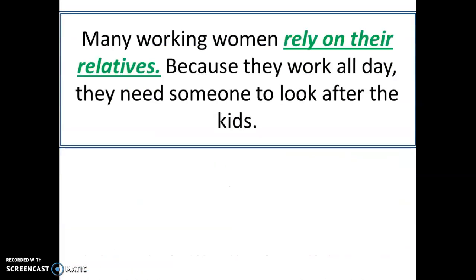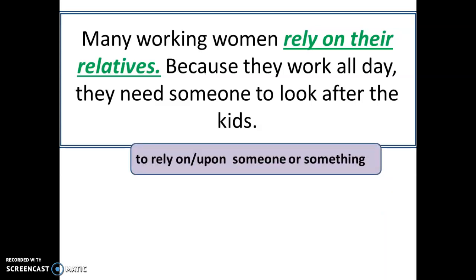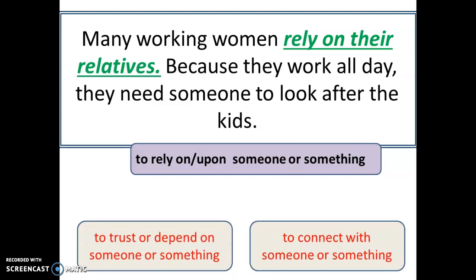The next one. Many working women rely on their relatives. Because they work all day, they need someone to look after the kids. The word is rely on or upon someone or something. So please again read it and try to guess what it means.